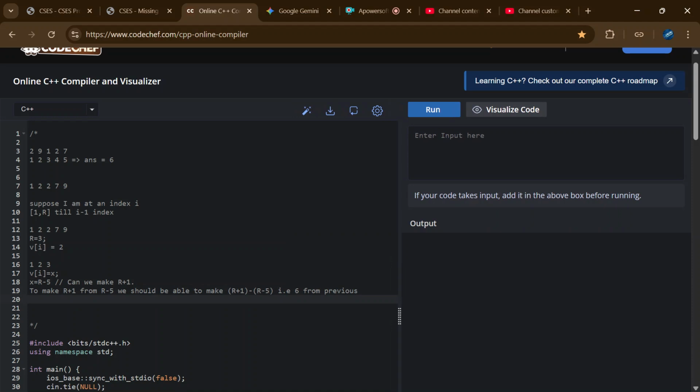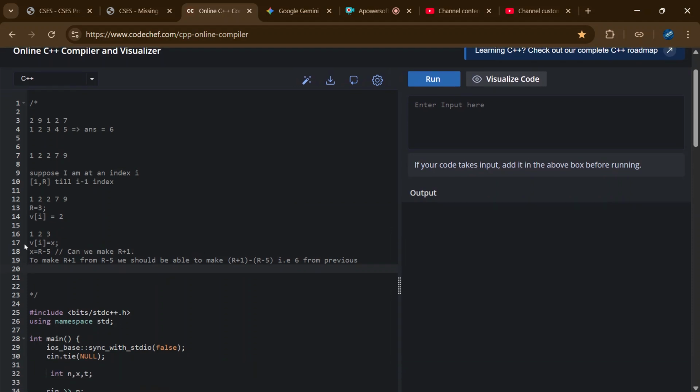So could we make 6? I'm not considering the concrete case here, I took this random number 5 because r is still 3, and in that case it would go negative, so I am considering a general case. To make r plus 1 from r minus 5, we should be able to make 6 from the previous.